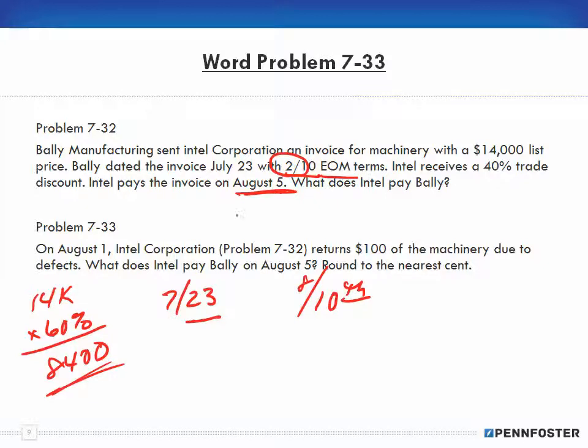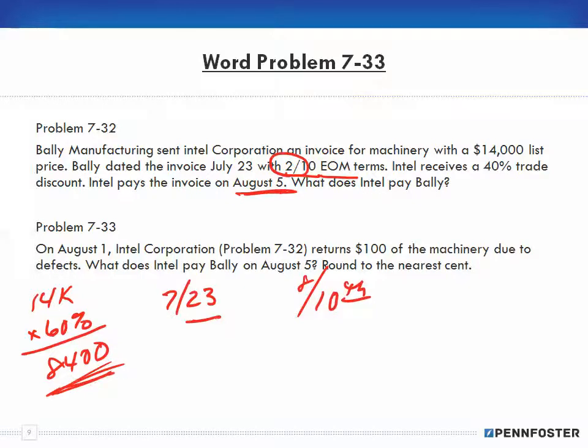Well, the trade discount supersedes the terms discount. If you have a trade discount and a terms discount, you always take the trade discount first. That's why we took the 40% off the 14,000 and ended up with 8,400.